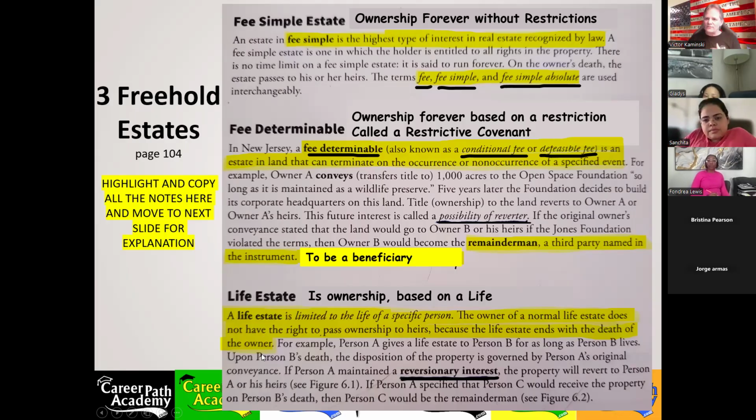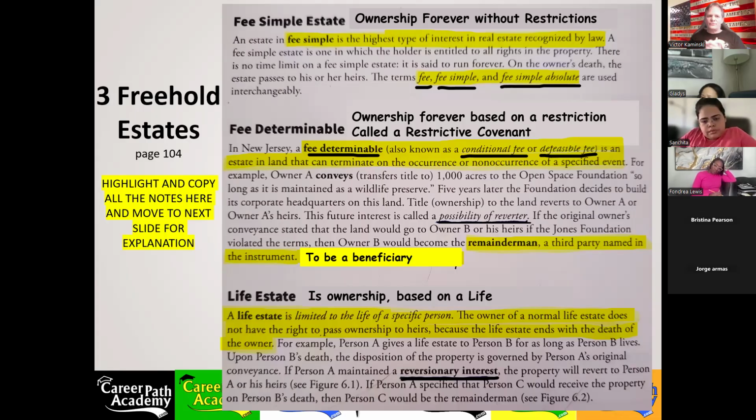It's based on your life. These are all different kinds of deeds, correct? No, these are different types of ownership. A deed is a document used to transfer ownership. We're going to go over different types of deeds in chapter 19.